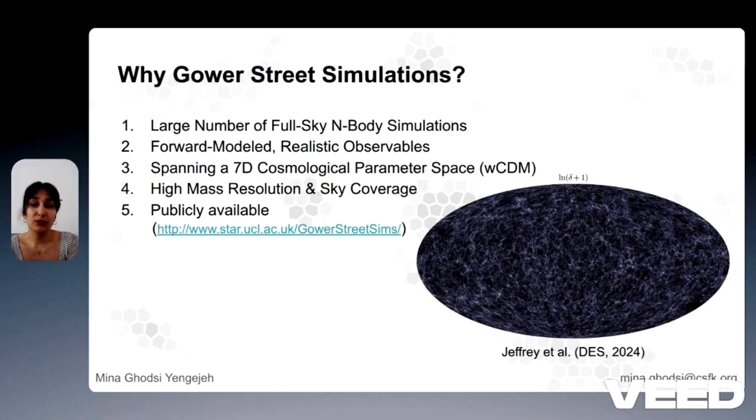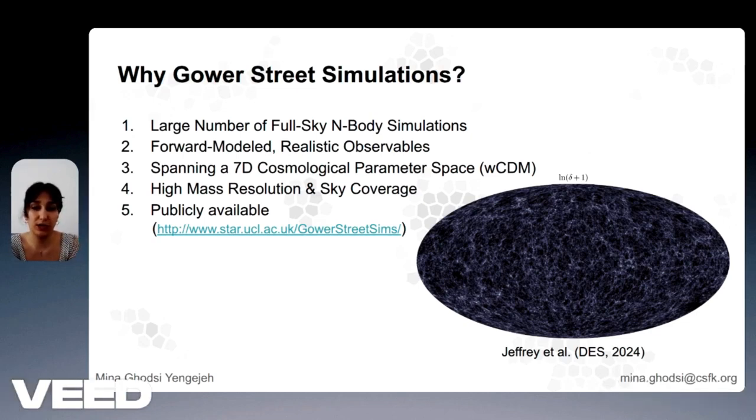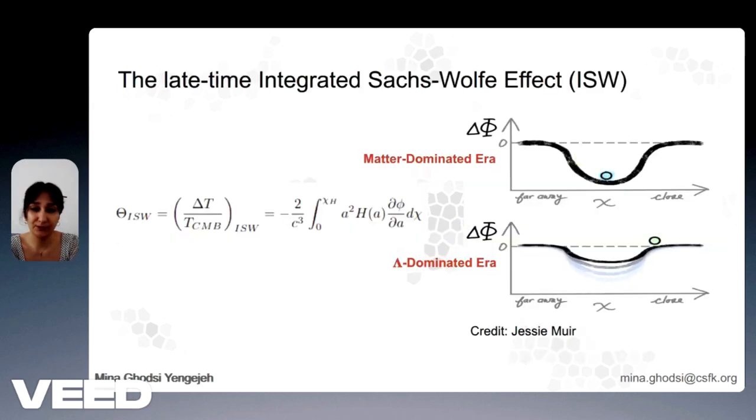They use a forward model, so it has more realistic observables. It has a wide range of different cosmological parameters. So when it comes to explaining different effects, we have a wider range to see the dependency of each of these parameters on what we can see. It has a high and good resolution, at least for us, to study ISW, and also very importantly, it's publicly available.